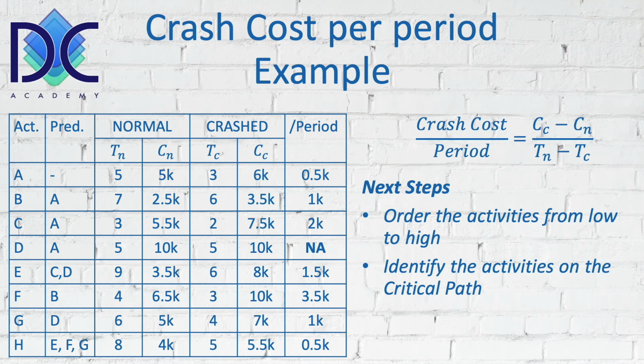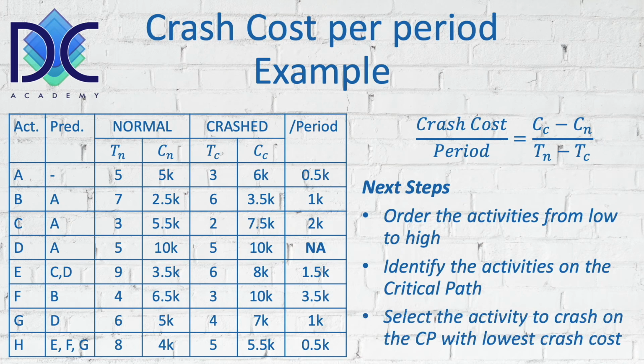We want to crash the project, and we have to use the activities on the critical path, because reducing the critical path is done by reducing the duration of its activities. And once we have the critical path, we select the activities that we have to crash, and we start with the activities on the critical path with the lowest crash cost.